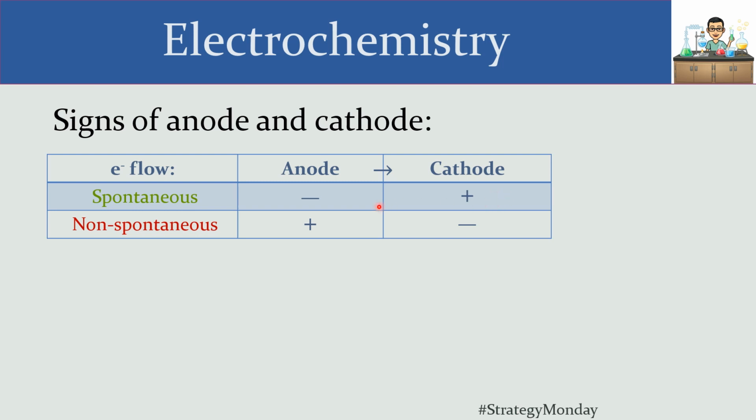Once you have that down, you can fill in the rest of this table exactly the way we did. The anode is negative, and in a non-spontaneous cell, the signs of the anode and the cathode are flipped. That's pretty much the only difference between a spontaneous cell and a non-spontaneous cell: the signs of the anode and the cathode are flipped.